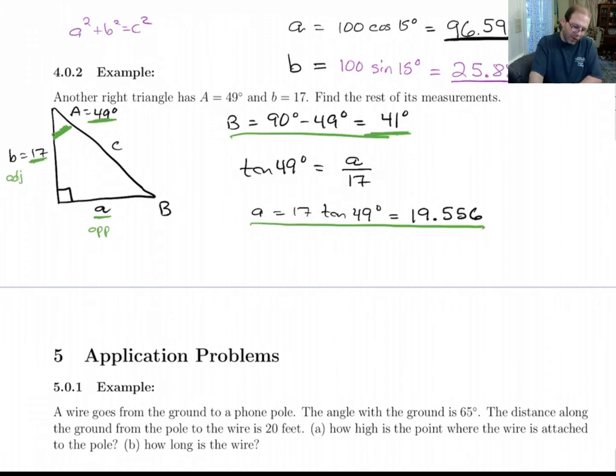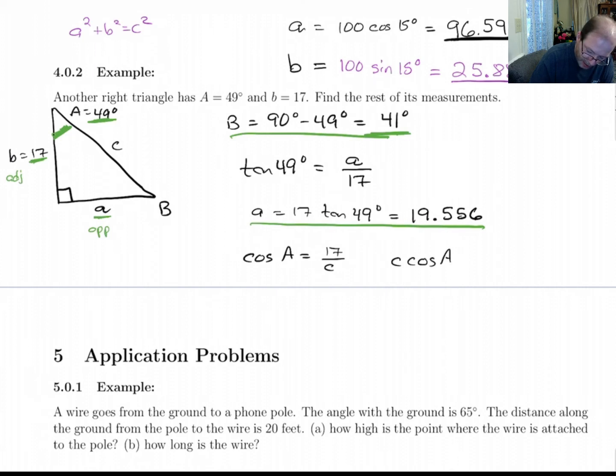If we use those two and we want to figure out C, what we've got is the angle, its adjacent, and C is the hypotenuse. So adjacent and hypotenuse, that's cosine. So cosine of A is adjacent over hypotenuse. So if I multiply this out, I get C cosine A equals 17, or C equals 17 over cosine A. And I don't need to put A there.